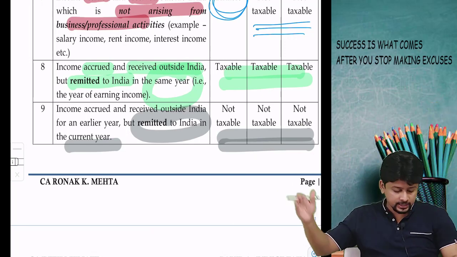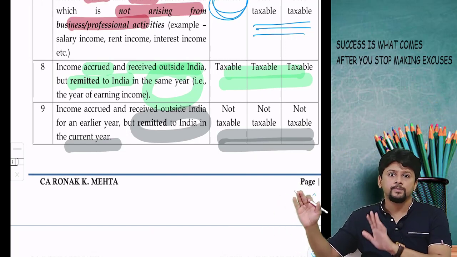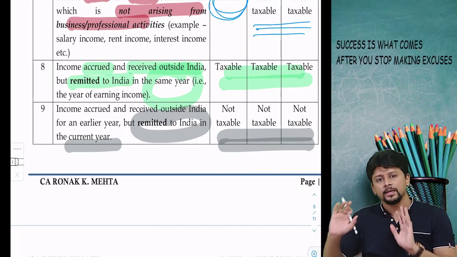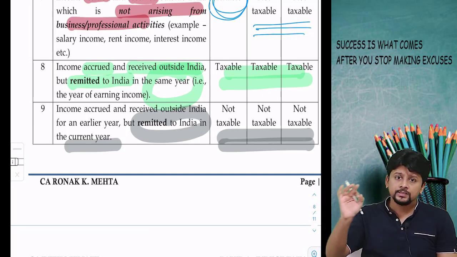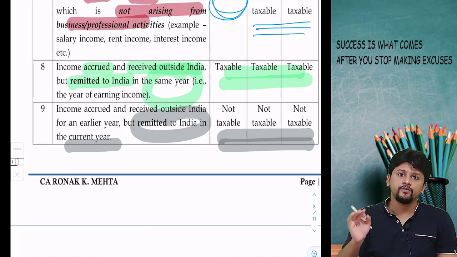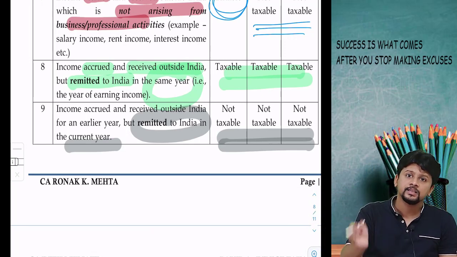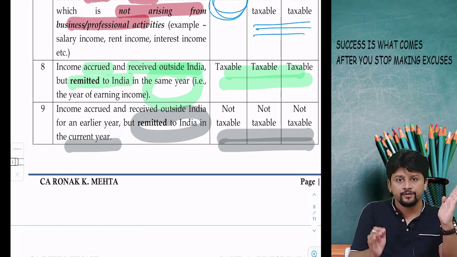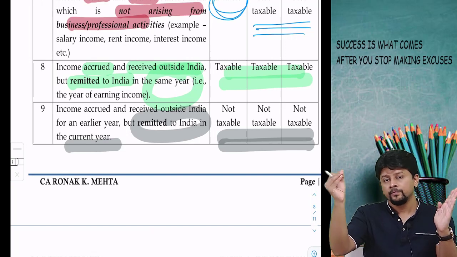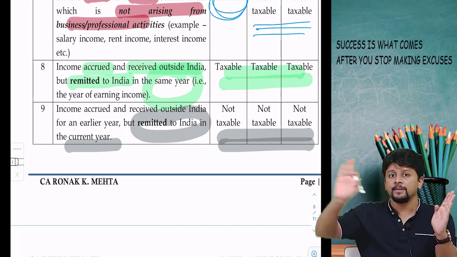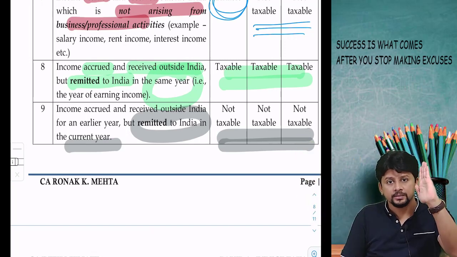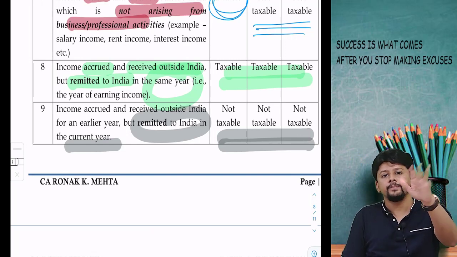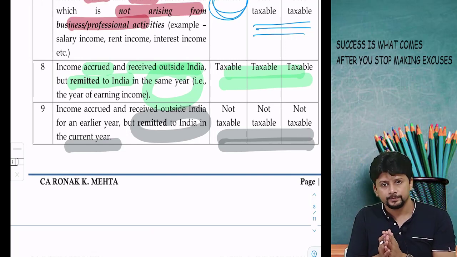But year 2, 3 and 4, you will not be paying tax just because you brought the money into India. Remittance of income is taxable if it is remitted to India in the same year in which it is earned. If it is earned in a different year and remitted in a different year, nothing is taxable in the year of remittance. Things will be taxable in the year of earning the income depending on your residential status.